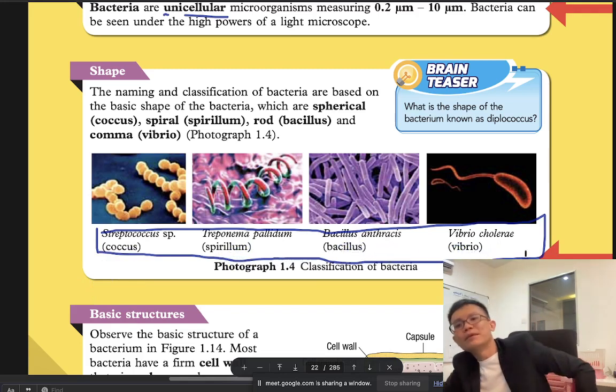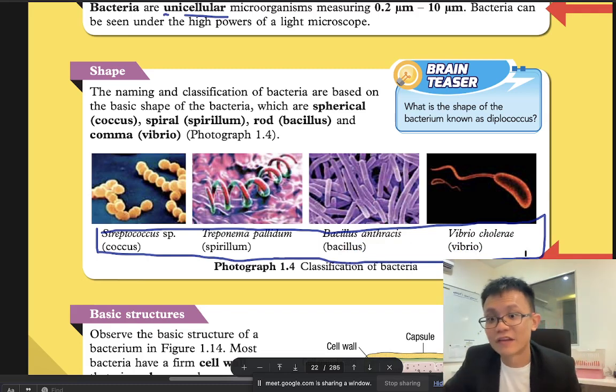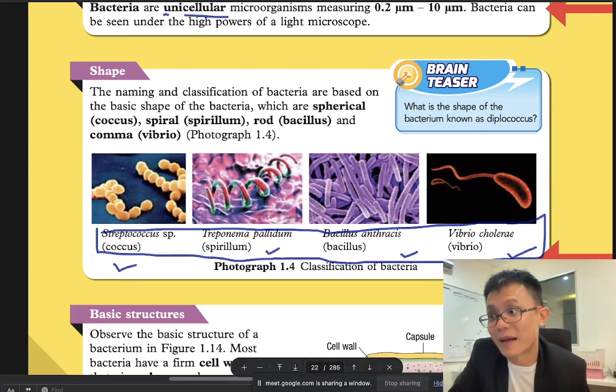These are examples of the names of bacteria, and you also need to remember the shapes: coccus, spirillum, bacillus, and vibrio. For example, the question might say these are examples of bacteria, and they give you a picture.